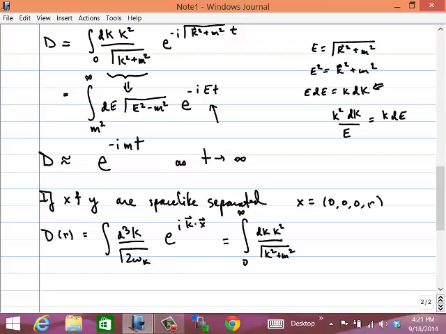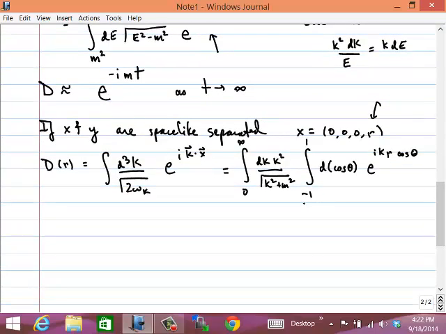I've chosen x to sit along the z-axis, and I'll use coordinates where theta is the angle off of the z-axis. So we do an integral from 0 to 2 pi of d theta times the measure factor sine theta, which I could also write as an integral from -1 to 1 of d cosine theta. And then the integrand is e to the i k r cosine theta.